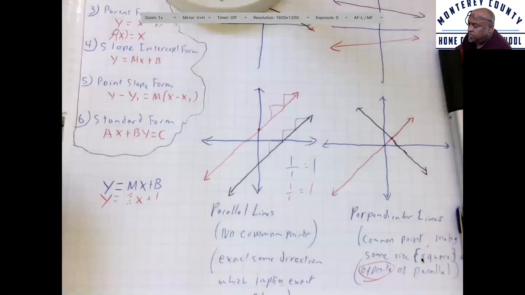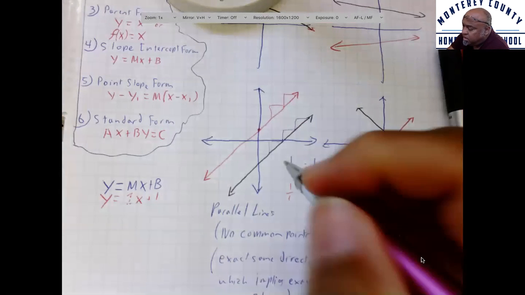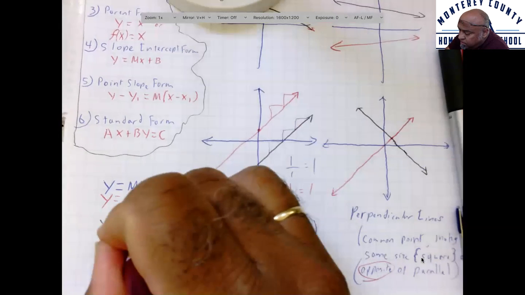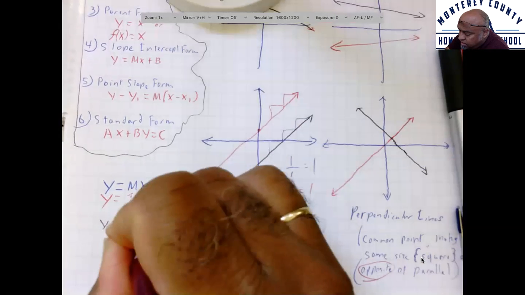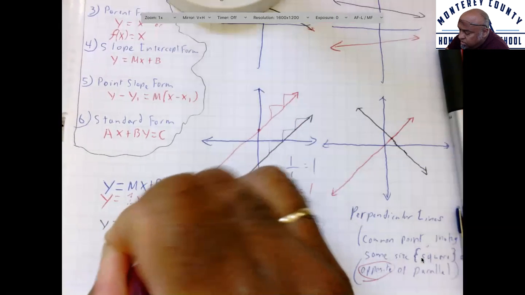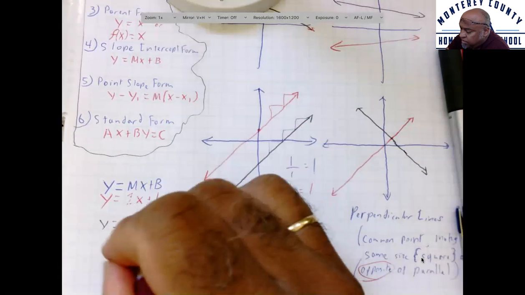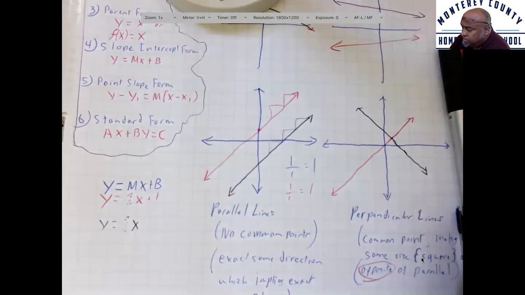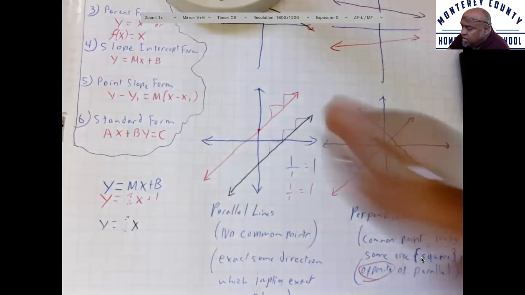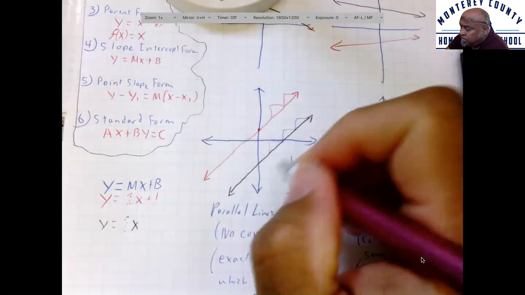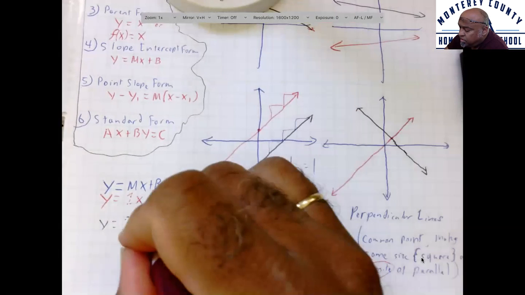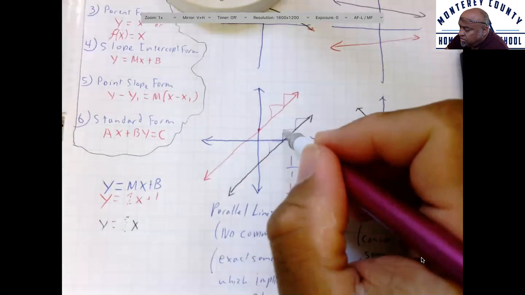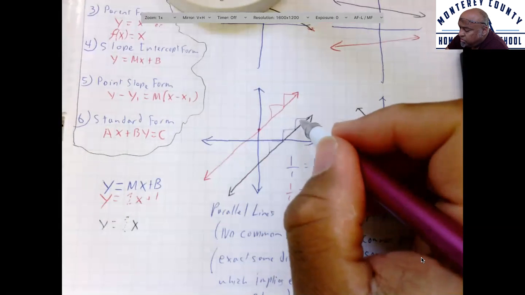Now let's take a look at the black line. We know that the black line has the same slope, the ghost 1 there. I call it ghost 1 because you never write 1 when it's the coefficient of a variable. Anyways, continuing on, we know that the slope is 1 over 1.